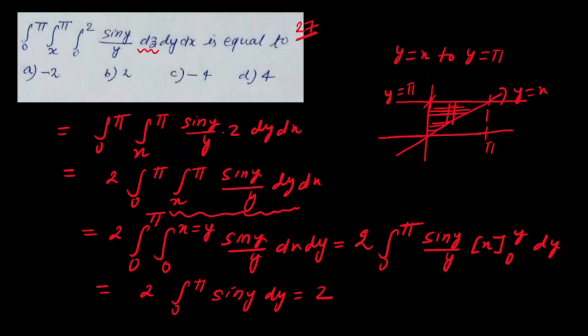So I will take 2, integration of sine y is minus cos y, limit is 0 to pi. So it is minus 2, upper limit cos pi, that is minus 1, lower limit minus cos 0, that is 1. So I will get minus 2 minus 2, so that is equal to 4. So the correct option here is equal to 4, right?